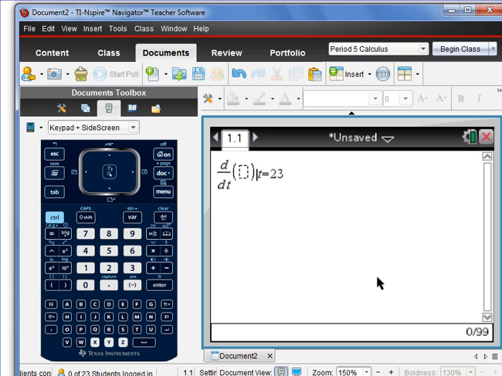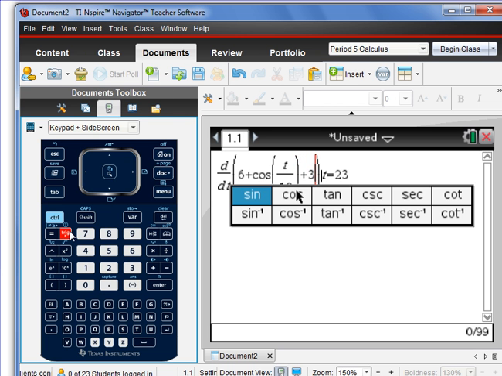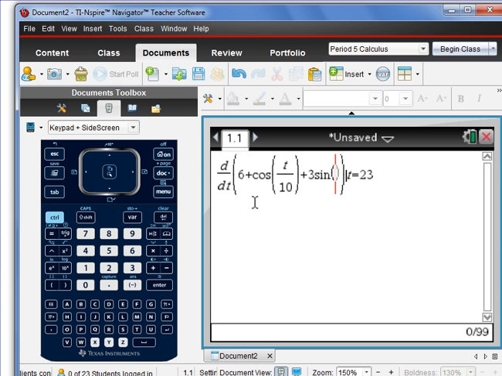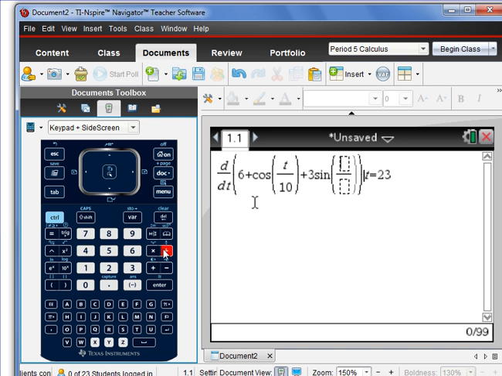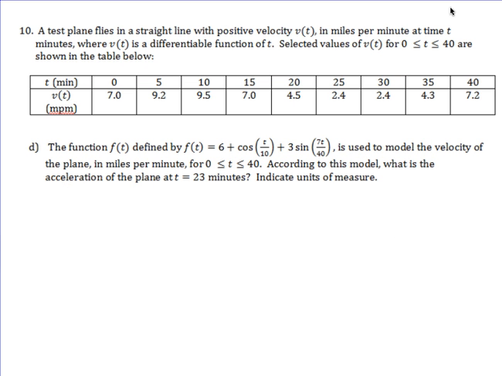Now I'm ready to enter my function. 6 plus cosine of t over 10 plus 3 sine t over 40. Let me just make sure I entered that in correctly. Looks like I did. And press enter. And there's our value, negative 0.407. Now remember, we could round that up to 8, or we can truncate and just leave it as a 7.